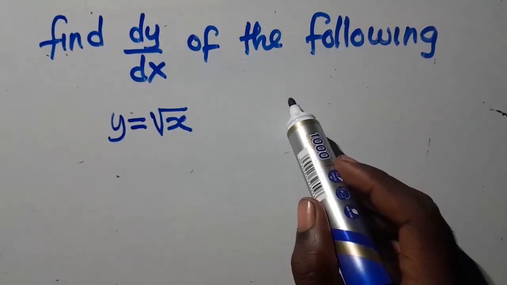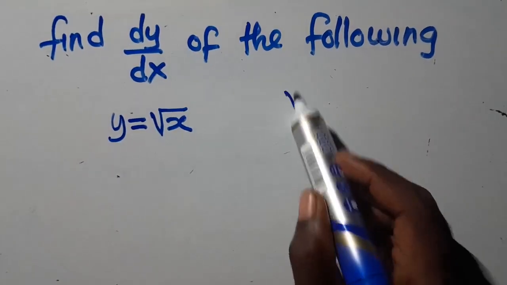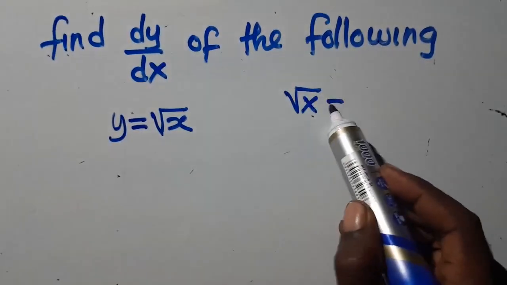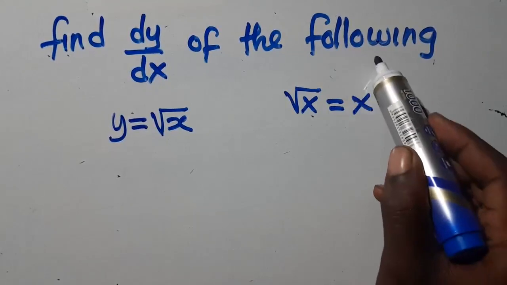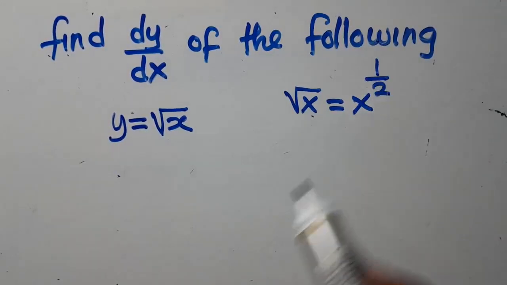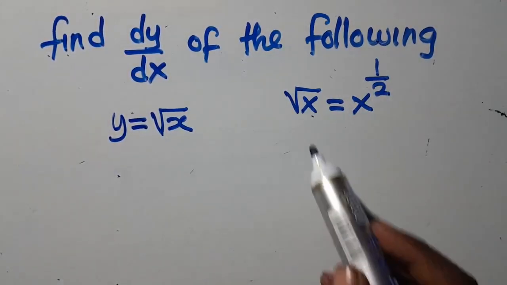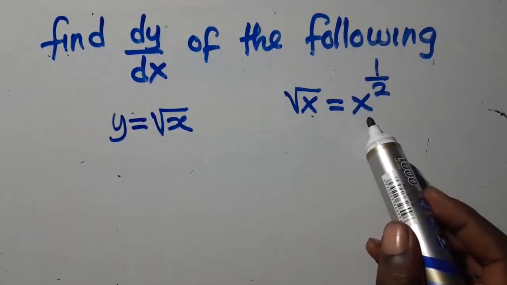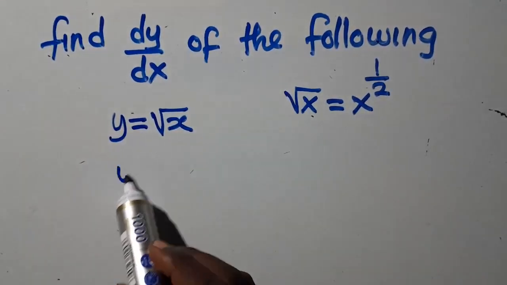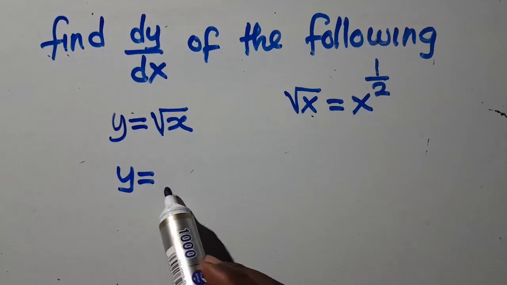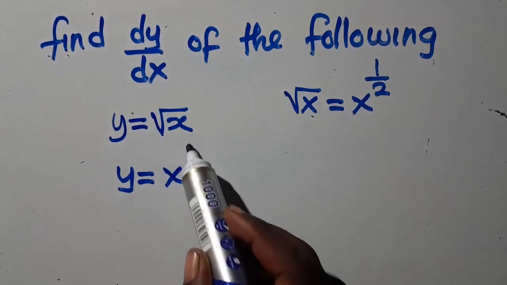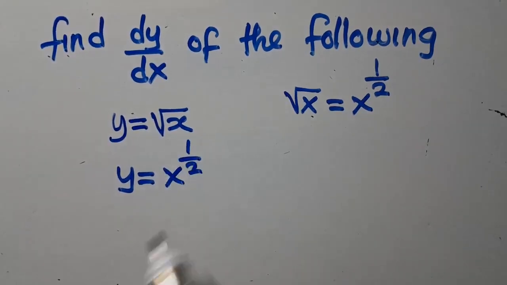When I say square root of x, it means that it is x raised to the power 1 over 2. This is what it means. So this is just the same as y is equal to x to the power 1 over 2.